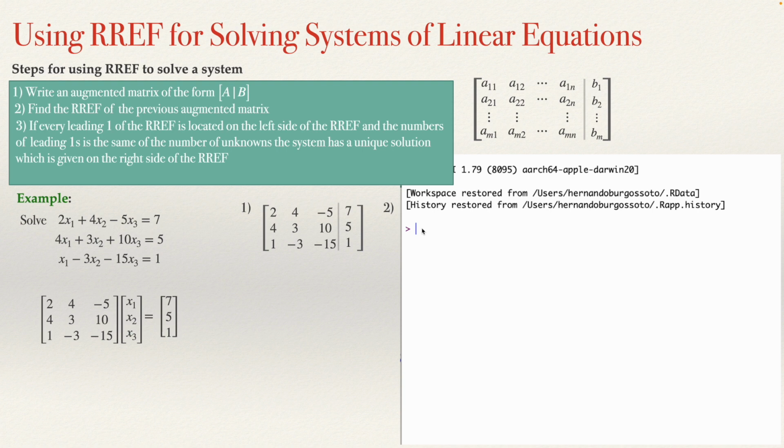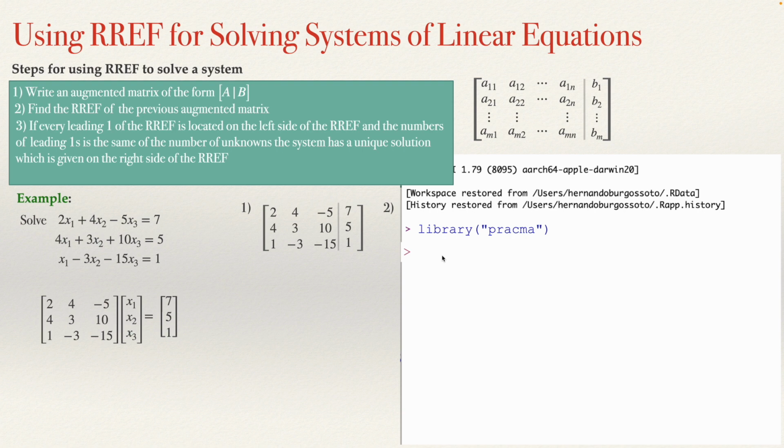So call pracma: you type library, open bracket, open quotation, pracma, close quotation, close bracket, and then enter. When you enter, R is ready to make any operation using pracma, especially one that is important: the reduced row echelon form of a matrix.